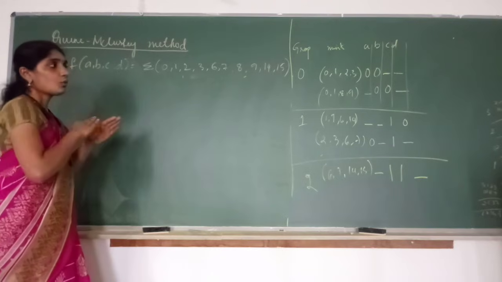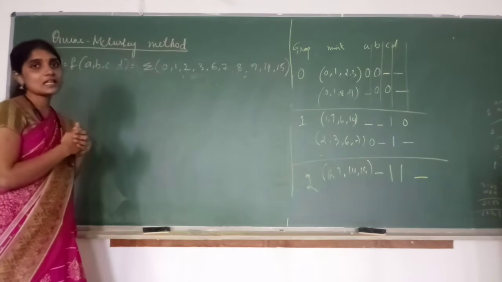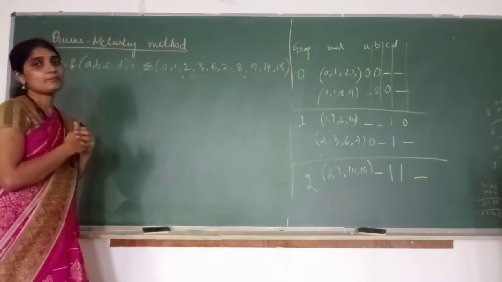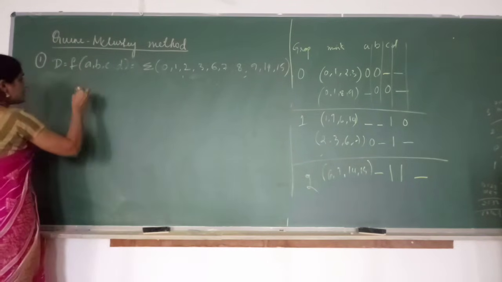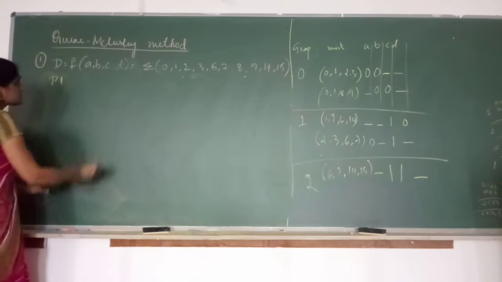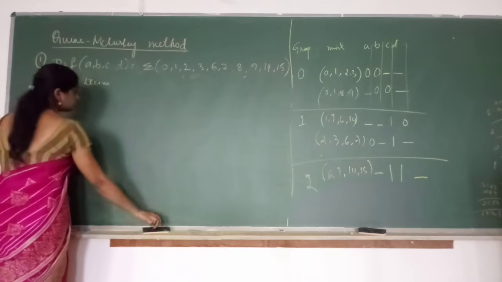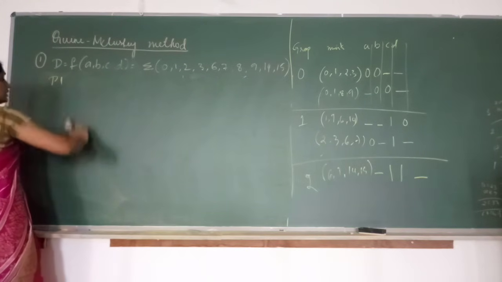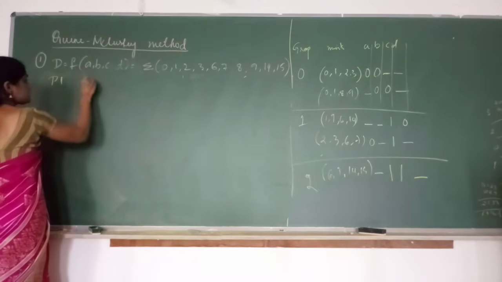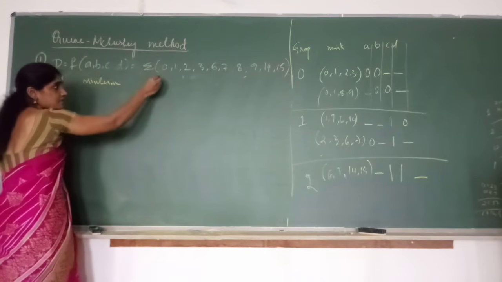step, that is, once you are done with grouping the terms, the next table we call it the prime implicant table. How to construct the table: the first column is prime implicant, the second column is mean terms, and the third column is decimal equivalent value.